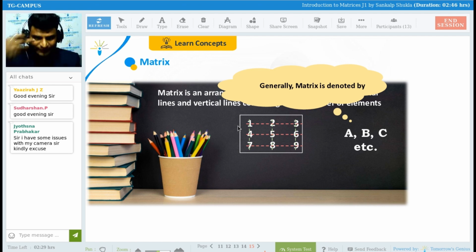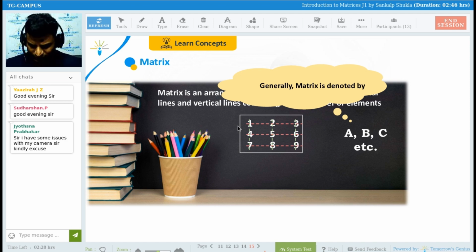Generally there is a name for a matrix. Suppose you are drawing a matrix, you would be naming it, because how do I address it? How do I call it? I can call it A, B, C. If any matrix question is given to me, or I am answering in matrix, I'll be naming that matrix. Generally it is A, B, C, something.